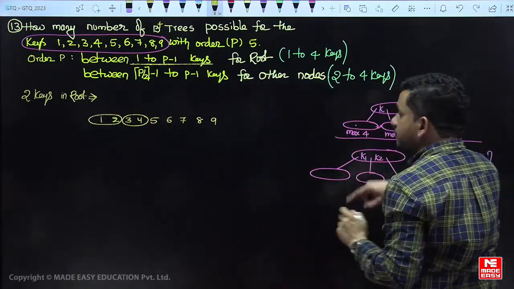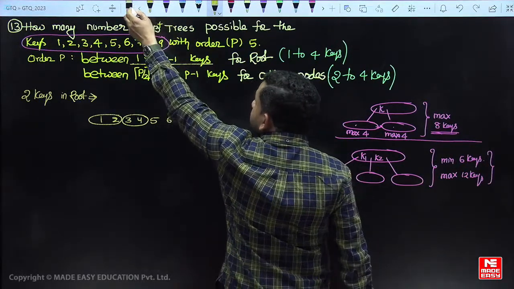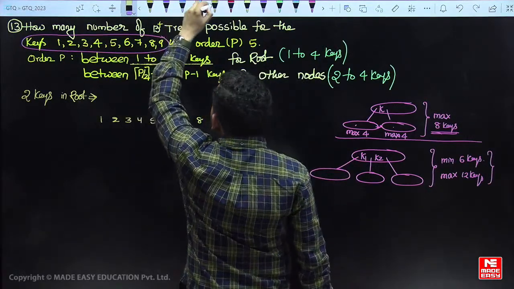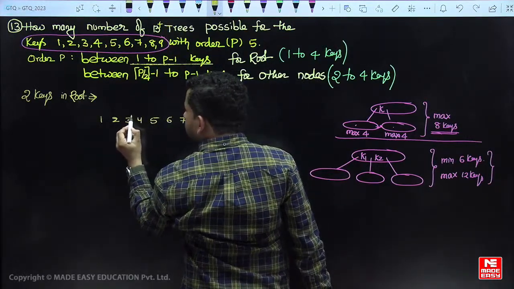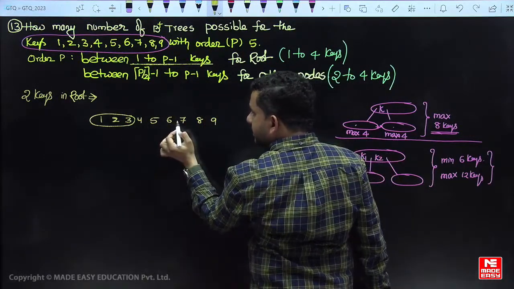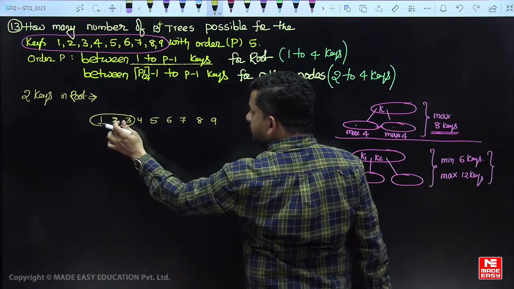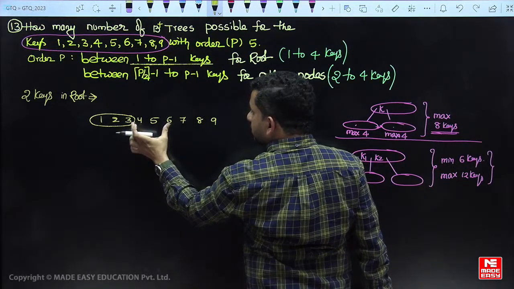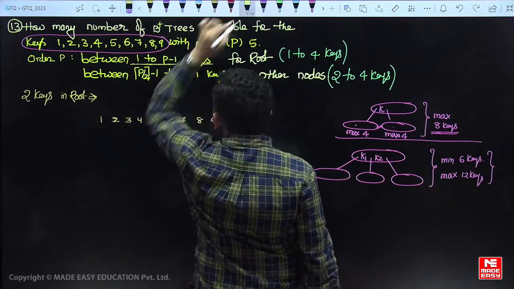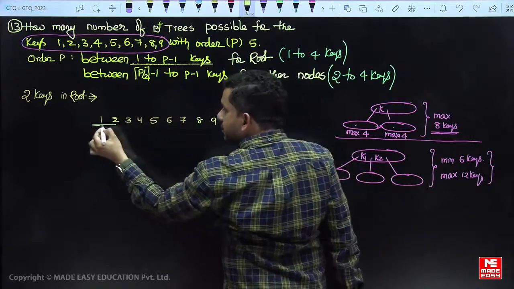Assume the first node has 3 keys, then the remaining are 6 keys. If I take 2 keys here, 1 2, then a possibility is there.